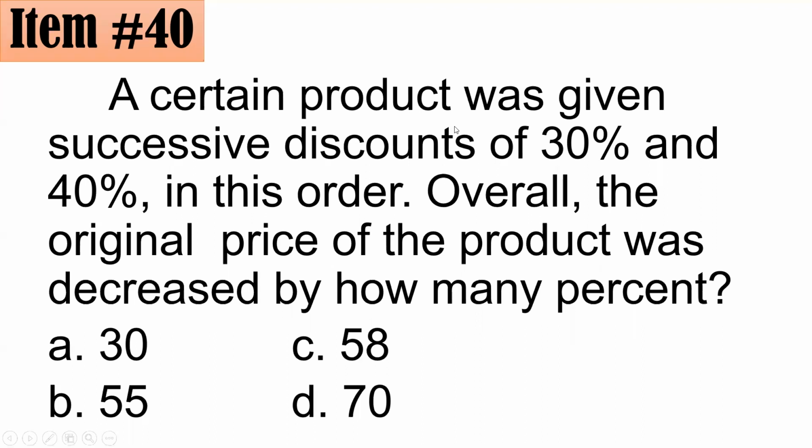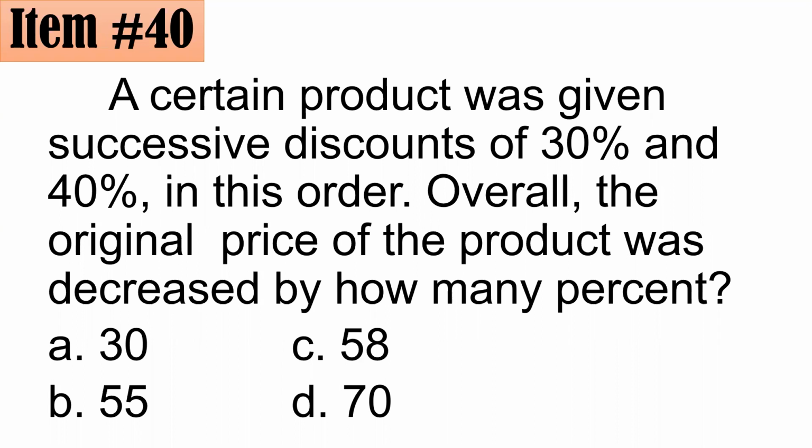Yung halimbawa, kapag yung price ng product ay 100 pesos, bawasan mo ng 30%, magiging 70 pesos na lang, di po ba? Tapos yung 70 pesos na yon ay babawasan mo pa ng 40%. So what is 40% of 70? That's 28, di po ba? That's 28 pesos.